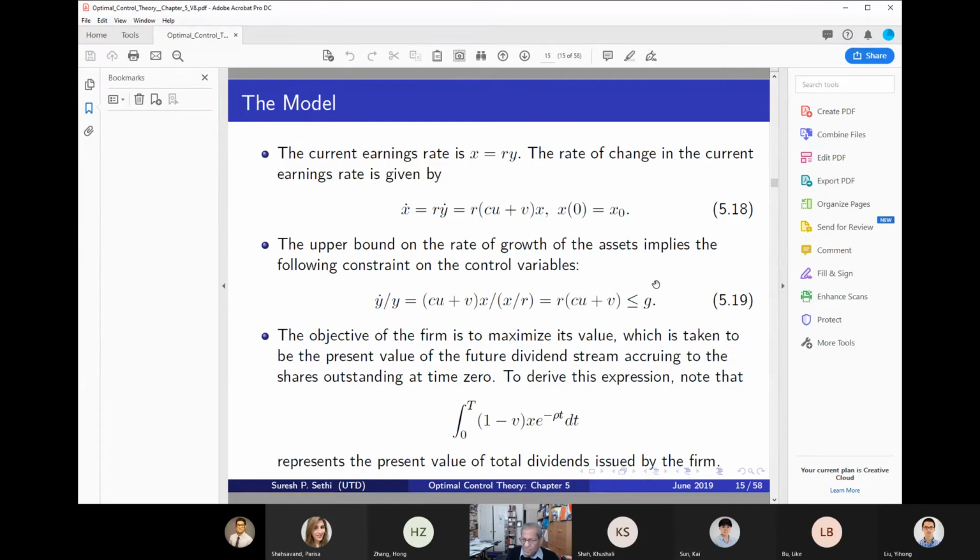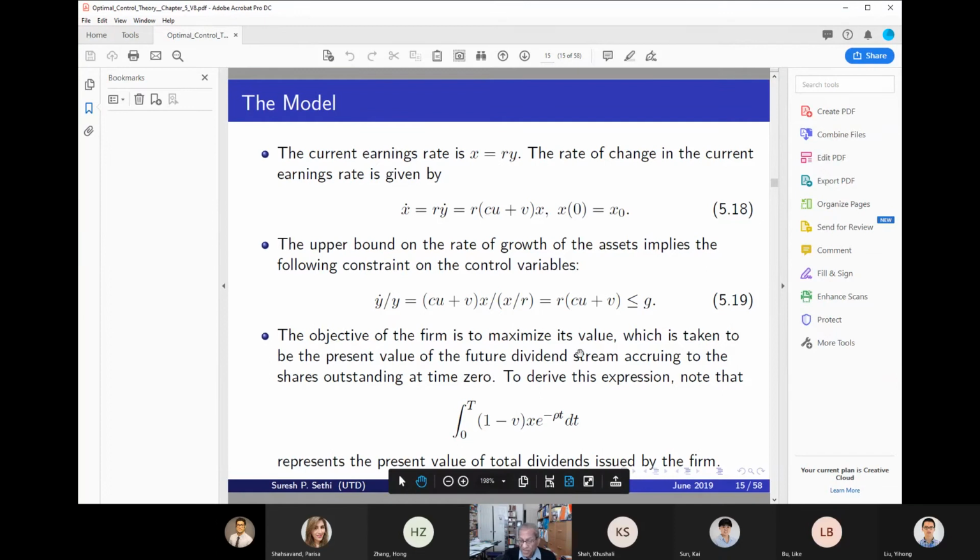The last thing that I want to say is about the formulation: what is the objective function? Well, the objective function is kind of interesting. It says that the firm maximizes its value, and its value is given as the present value of the future dividend accruing to the shares outstanding at time zero.